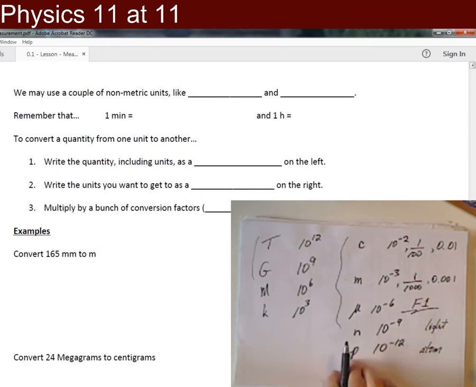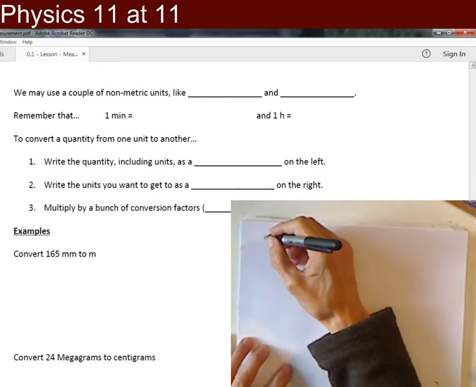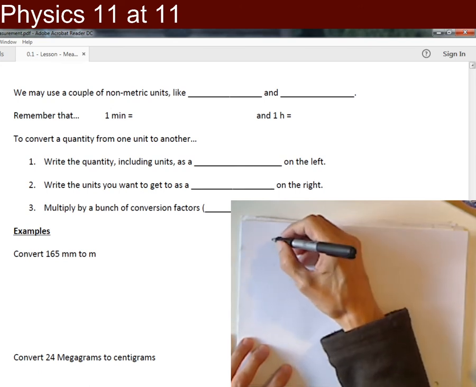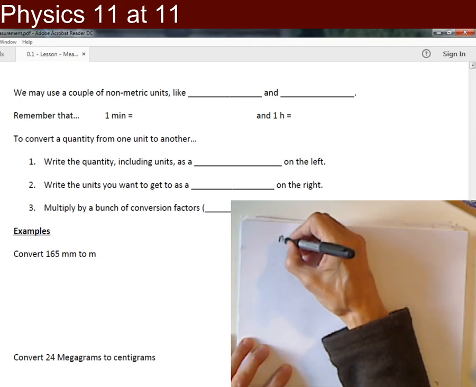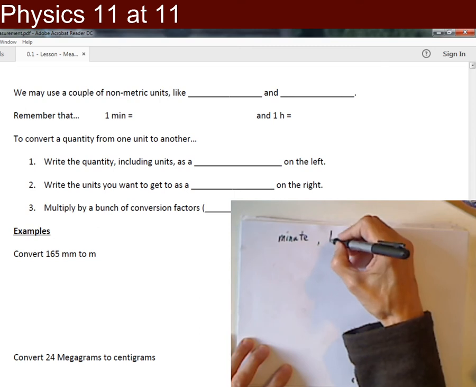Okay, this is an important idea. To do it, though, we need some non-metric units, and in particular, time units. So one of the units we have that's not metric is the minute, and then also the hour.